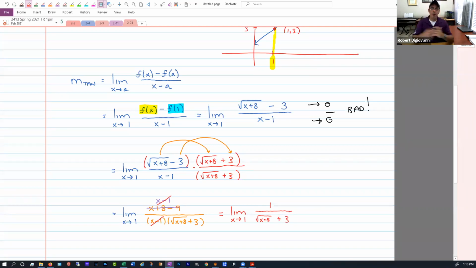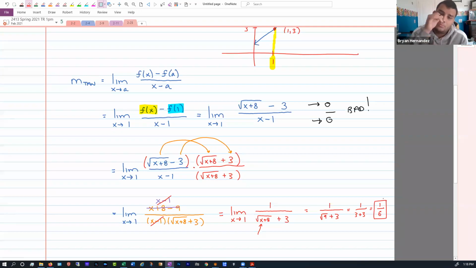And now at this point, we can let x go to 1. And if you let x go to 1, you don't have to write the limit anymore. You're going to have 1 on top. And then we replace that x with 1. So it's going to be 1 plus 8 is 9. So square root of 9 plus 3. But the square root of 9 is 3. So you get 1 over 6. I almost multiplied them. 1/6.